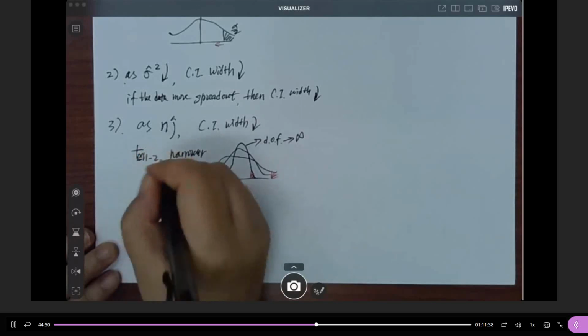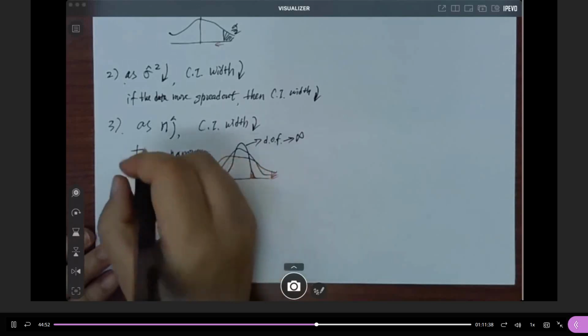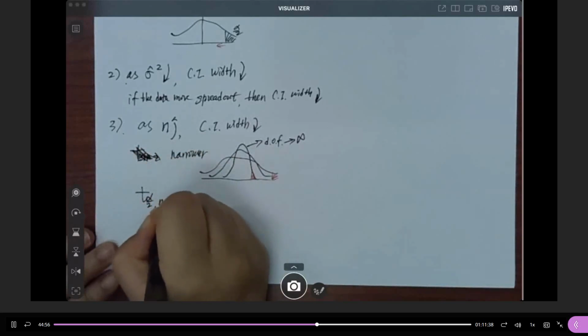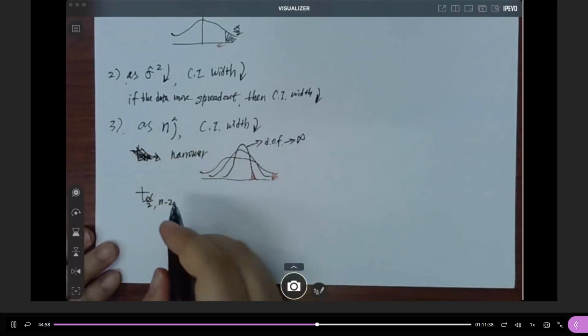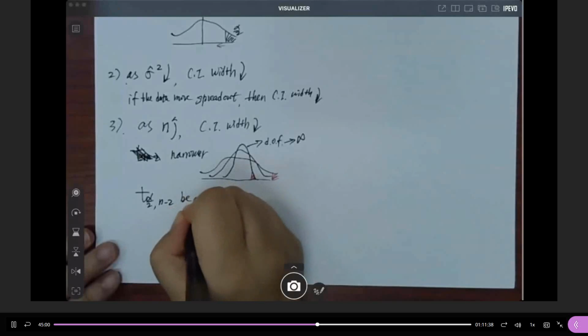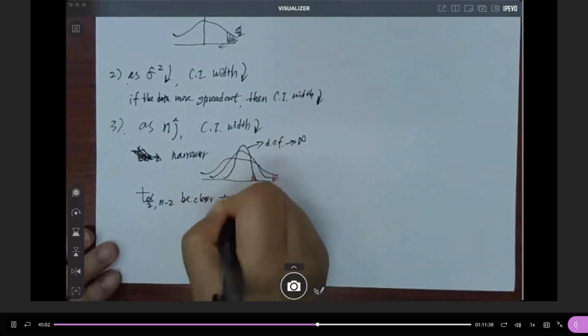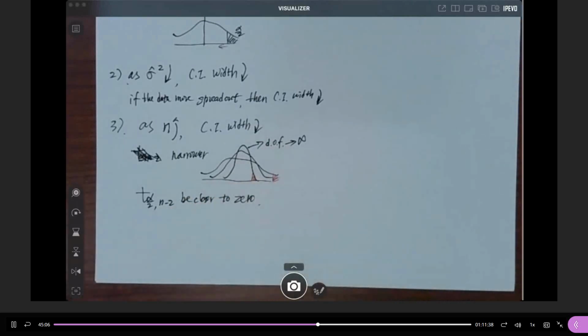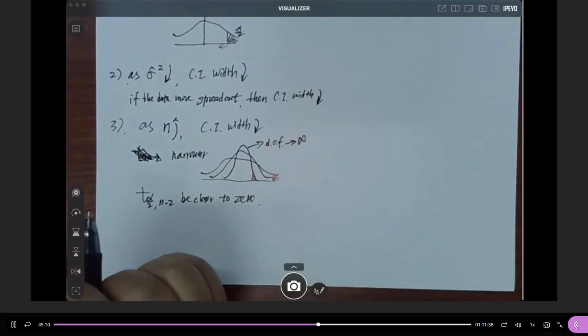Okay, so the cutoff value, I would write again: t alpha over 2 with n minus 2 degrees of freedom, this cutoff value will be closer to the center, 0. It will be smaller. If this is smaller, the width will be smaller.